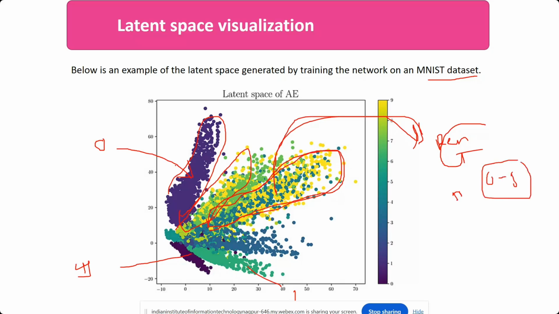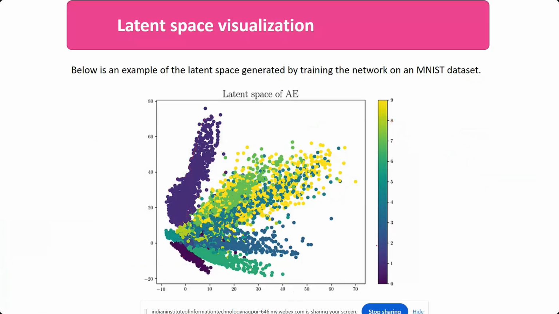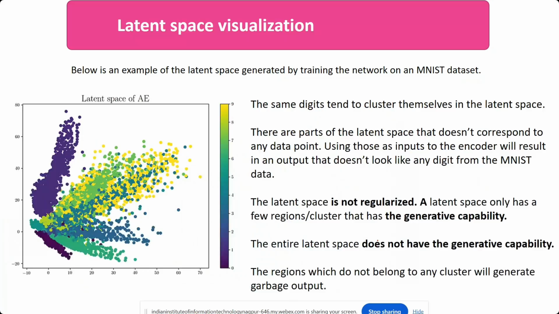So this is the problem with the autoencoder, because there was no semantic meaning captured during the encoding part or in the latent space. This is an example of the latent space of an autoencoder. The same digits tend to cluster themselves in the latent space. There are parts of this latent space that do not correspond to any data point.